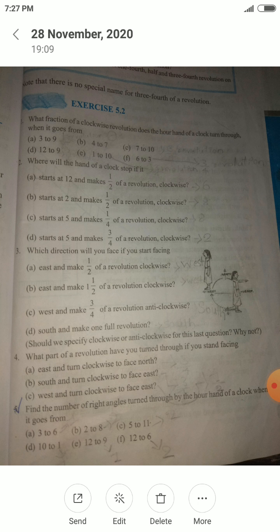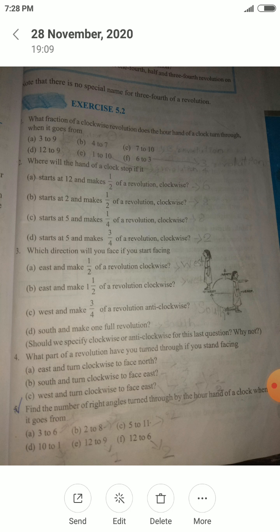Where will the hour hand of a clock stop if it starts, question number 7. A. If it starts from 6 and turns through 1 right angle, it is 9 o'clock. B. If it starts from 8 and turns through 2 right angles, it is 2 o'clock, on number 2.